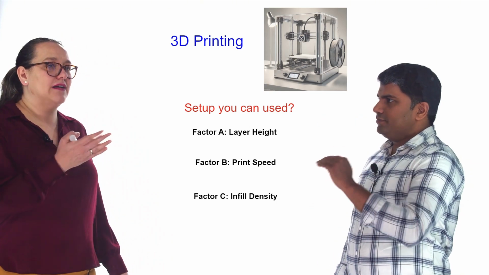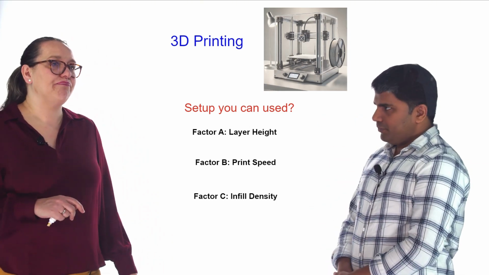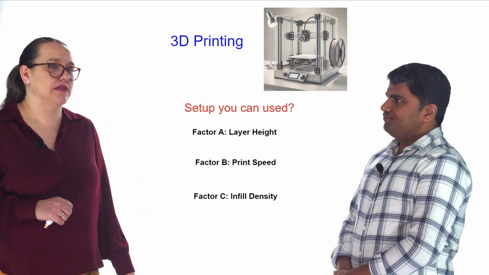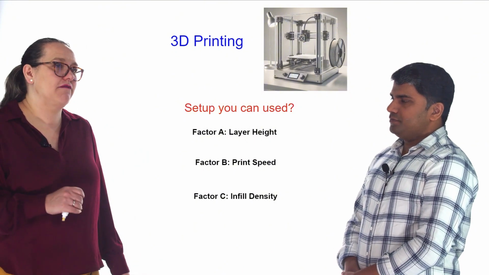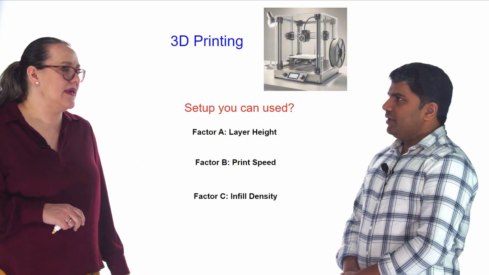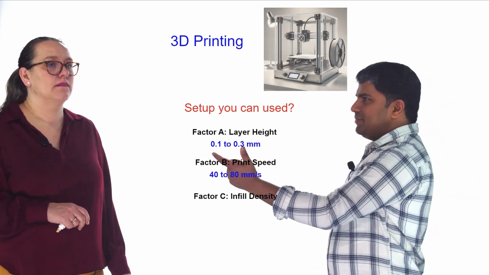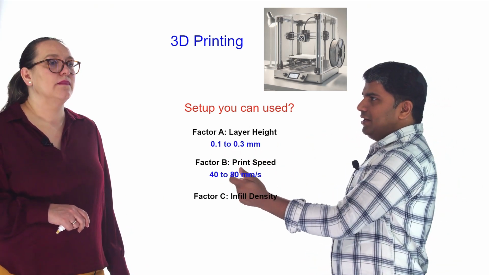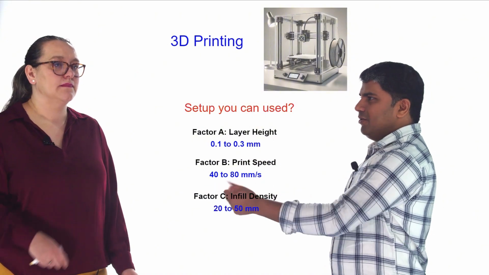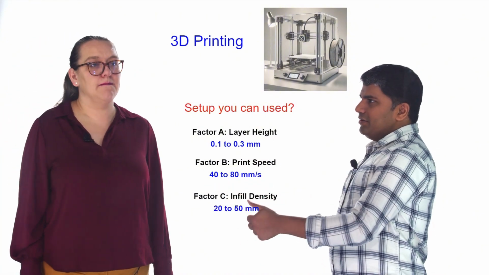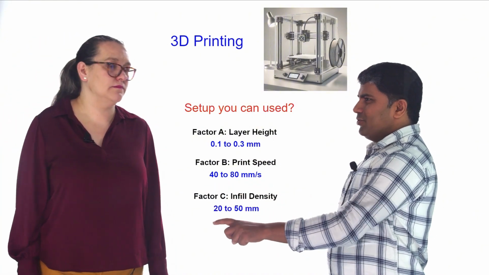We now call factors A, B, and C for these 3 factors. Any idea what the layer height could be? He told me the layer height ranges from 0.1 to 0.3, and print speed is 40 to 80. He can go anywhere in between. And infill density should be between 20 and 50.